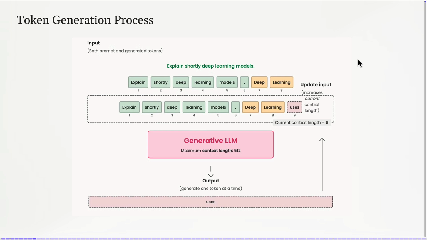Every time we have a context, it goes through the generative large language model. Of course, we have some limitation on how many tokens we can have as a context. This is what we call the context window. If we exceed the context window, the model is not able to generate, and this is why sometimes if you send a very long text to ChatGPT, it says this is outside of the context window, because it was trained on a certain number of tokens to be processed at the same time.